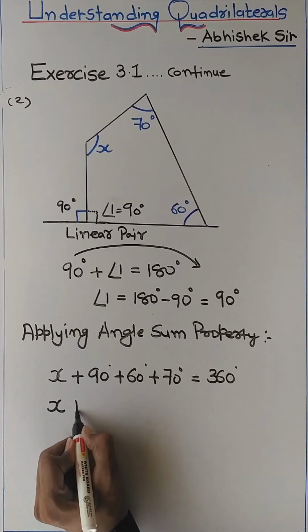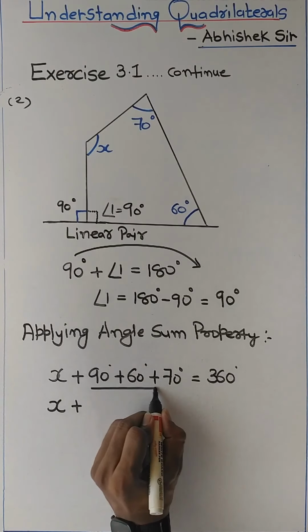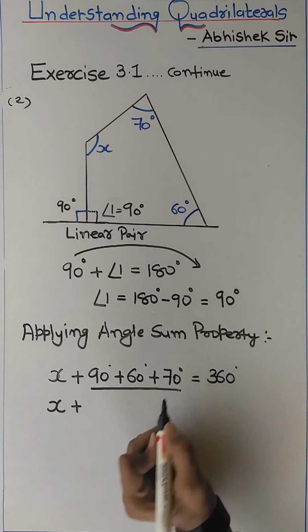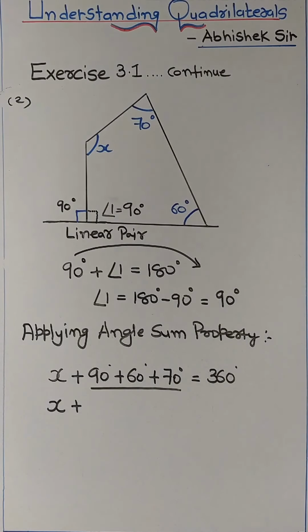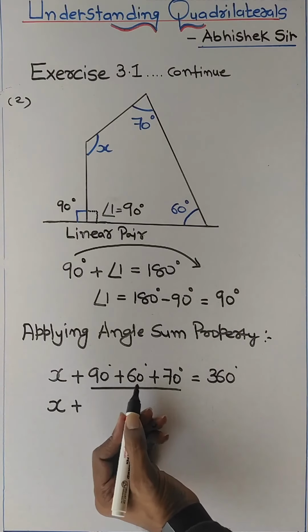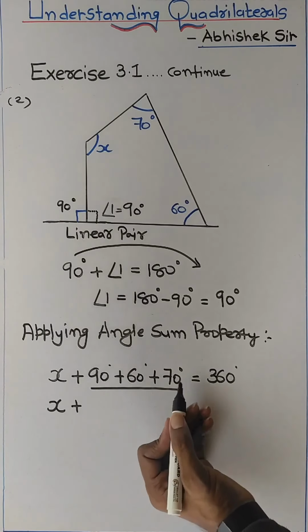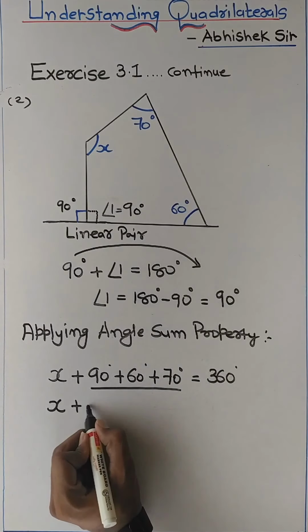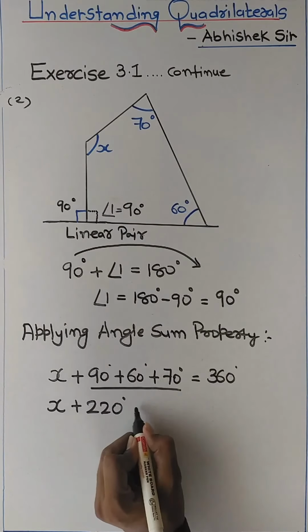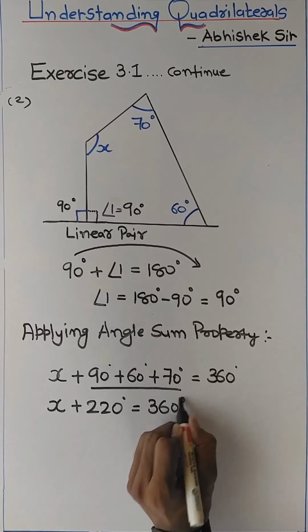So x plus, now you have to add all these three angles. You can do it orally, you can do it in the rough work, right? So what will be the total of these three angles? 90 plus 60, how much is it? It is 150. 150 plus 70, it is 220. So x plus 220 degree equals to 360 degree.